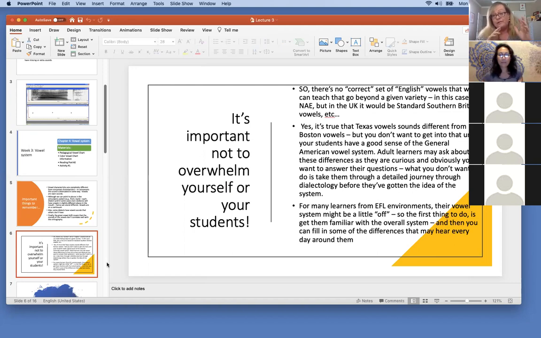Often if they've got local teachers, when they come in, their vowel system is just a little bit off from where it should be. So what you need to worry about is really this basic system that we're going to look at today, and let the rest of it go for a while.